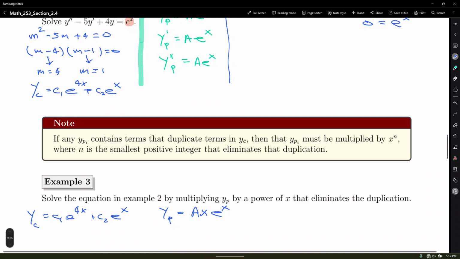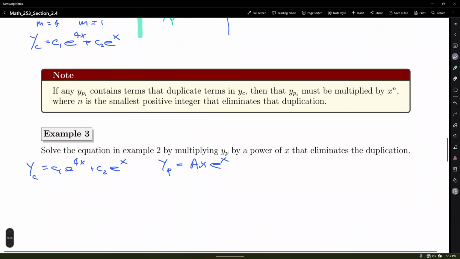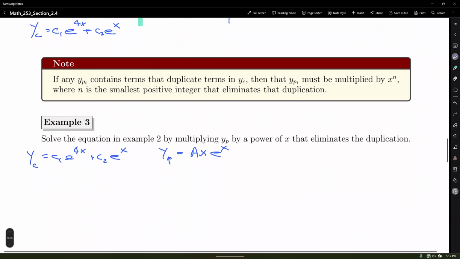No, so we can go ahead and find the necessary derivatives, using the product rule. The derivative of ax is a times e to the x, plus the derivative of e to the x, which is e to the x, times ax.